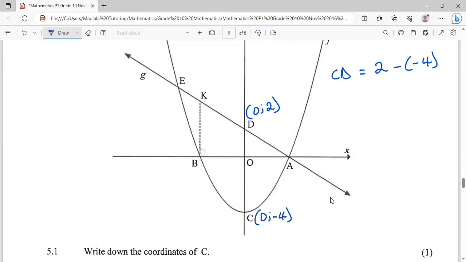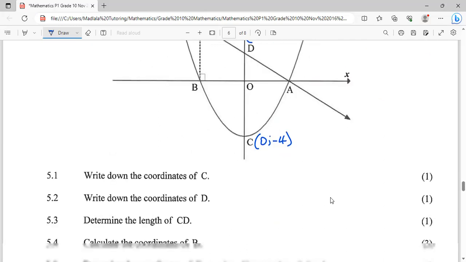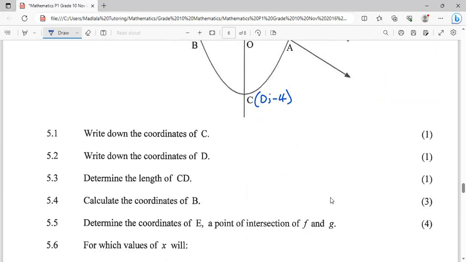So you'll realize the length of CD will just be 6 units like that. And then you are set. So if you must calculate the horizontal distance, you only consider the x values. You say the bigger x value minus the smaller x value, and then you are set.